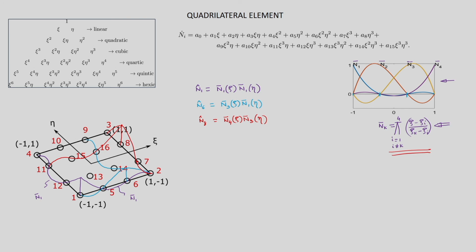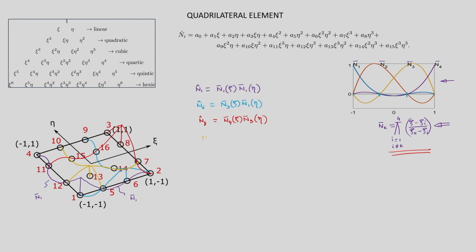Now, if we take some intermediate nodes or internal nodes, let us construct say phi 13 or n13. So, this is basically the second shape function in xi direction and similarly the second shape function in eta direction, alright.